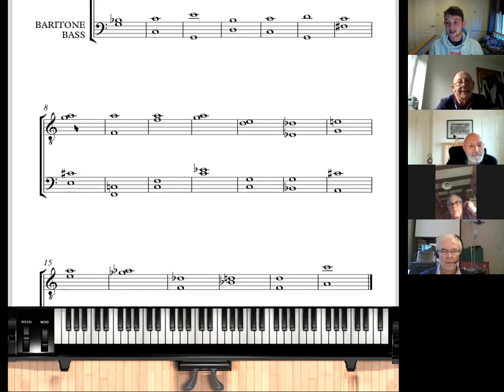So this is an A7 chord. This is a particular type of A7 chord. It's a Chinese 7th again. So we've got the root on the top, on the second voice down, third, fifth. So it sounds like that.